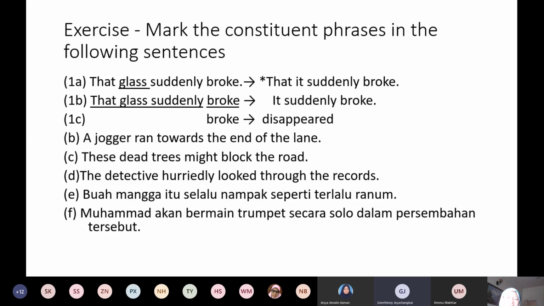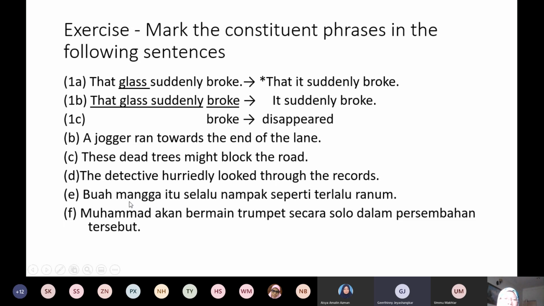Is there any relationship between itu and selalu? Not really. But if we take selalu with nampak, yes. So selalu is like an adverbial; they always try to explain the verb.